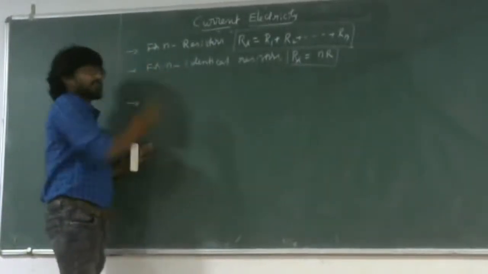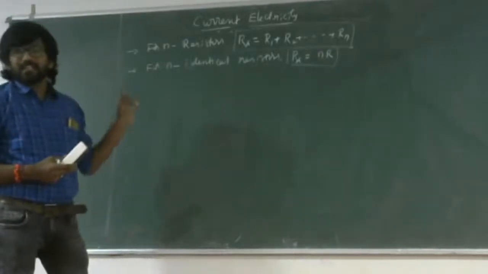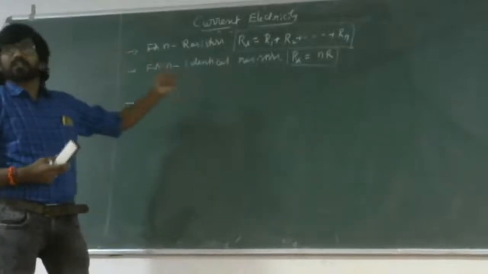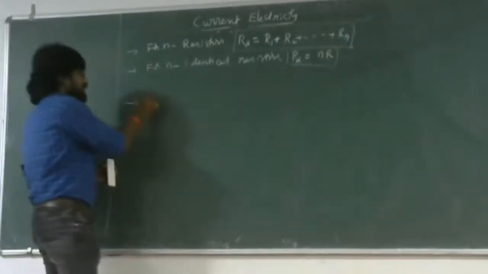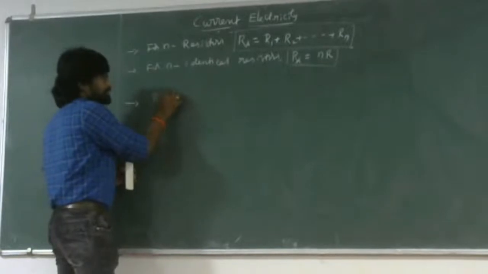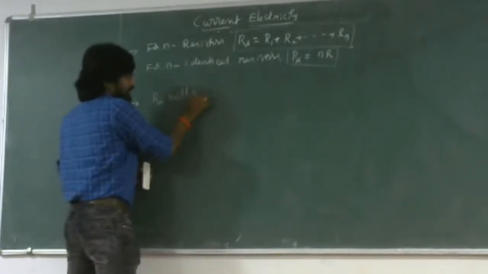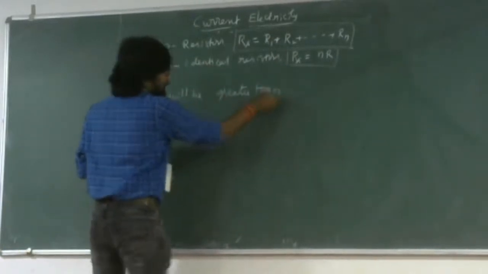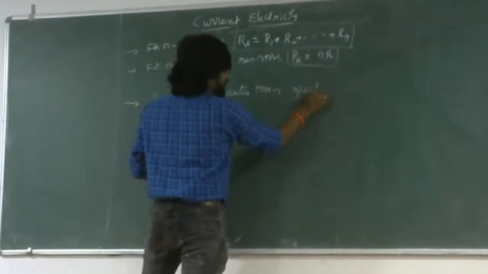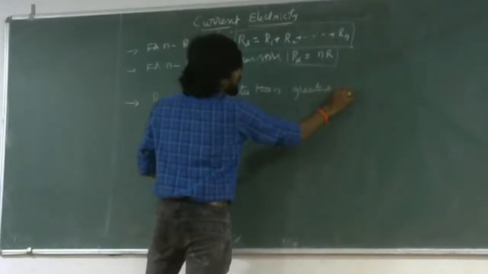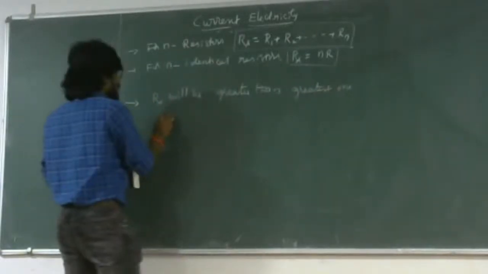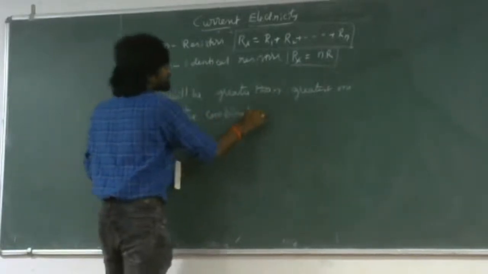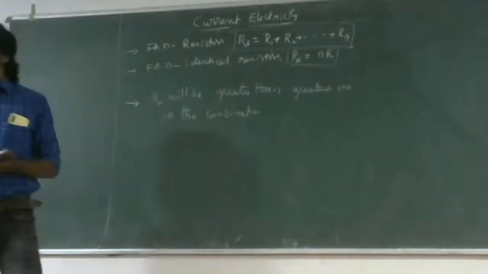So we can say in series combination, the effective resistance Rs will be greater than the greatest one in the combination.